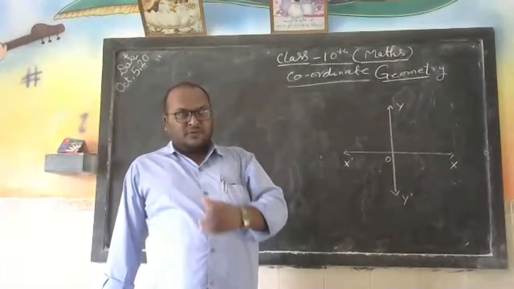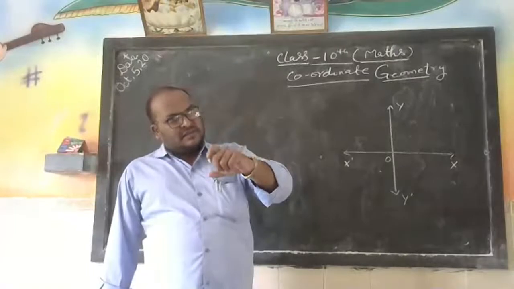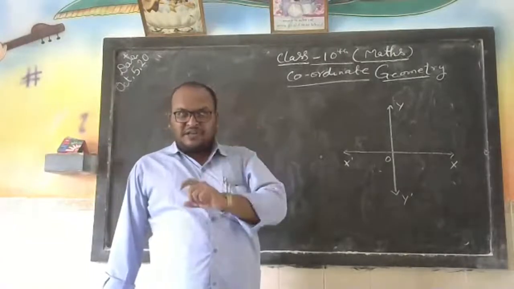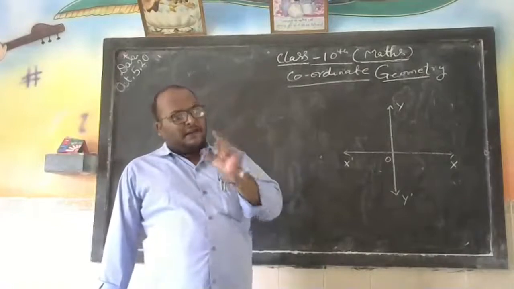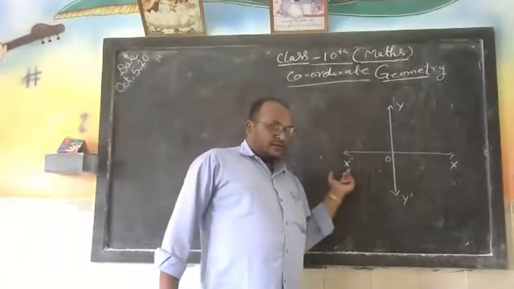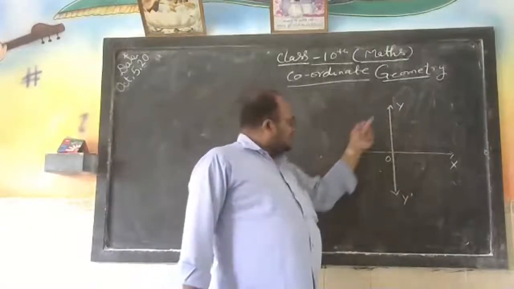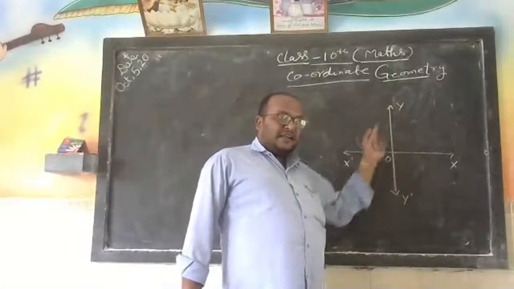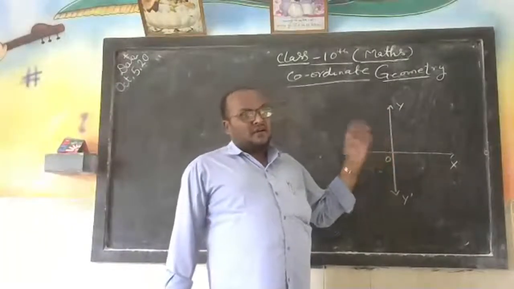Clear what I am telling you? It is the two-dimensional representation of a plane in which two lines are intersecting each other at a point O, that is called the origin.